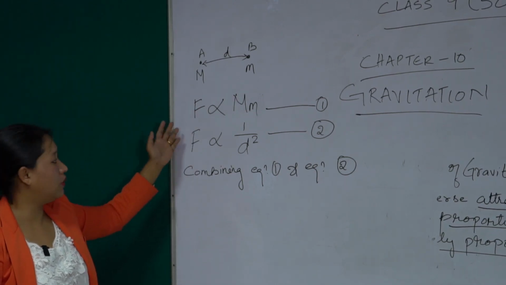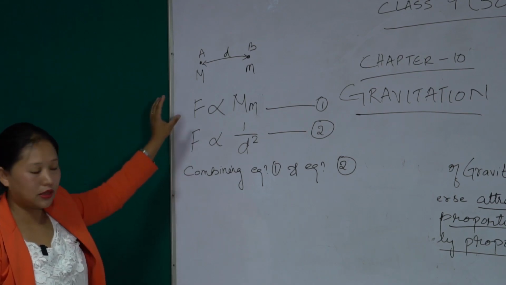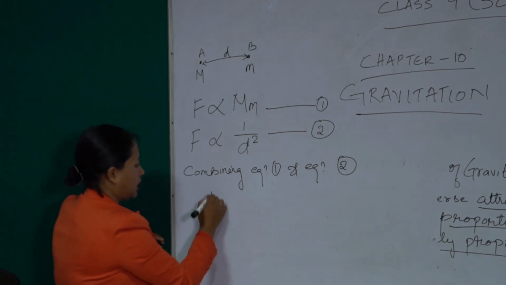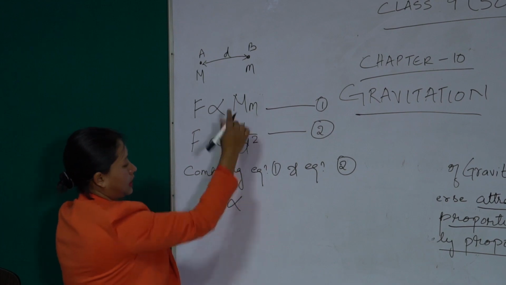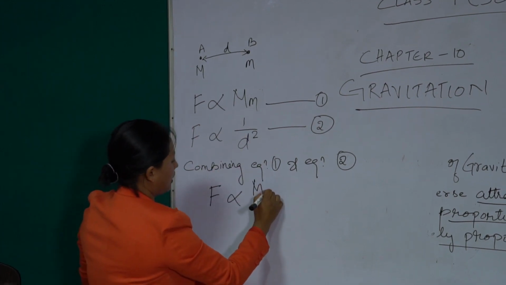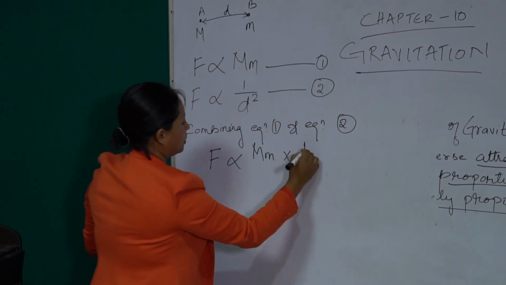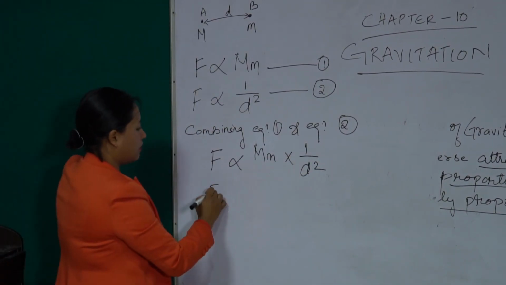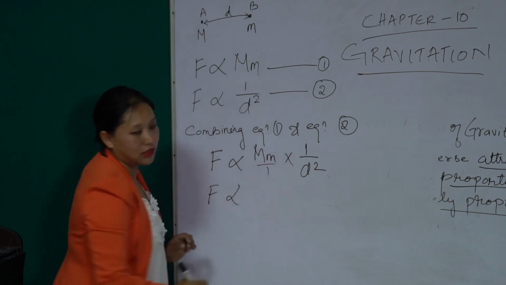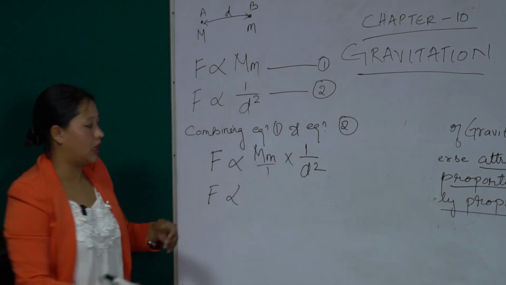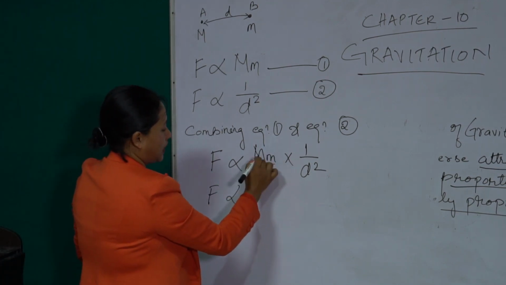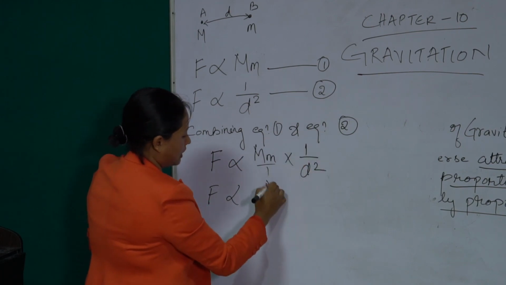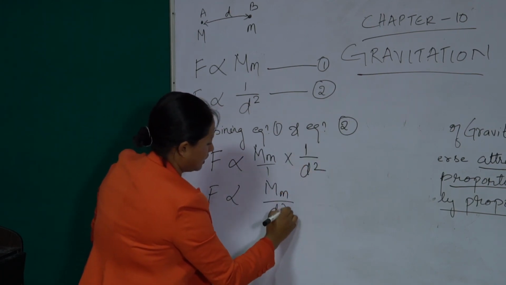On the left hand side of equation 1 we have force, and in equation 2 we again have force, so we take force as common. In equation 1 we have M into m, and in equation 2 we have d square. Since nothing is there on the denominator, that means 1. So capital M into small m into 1 is nothing but M m, over d square.